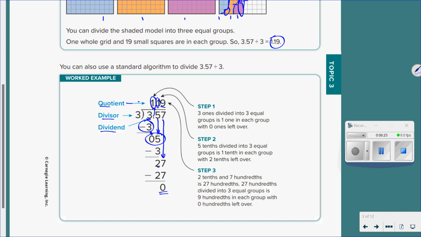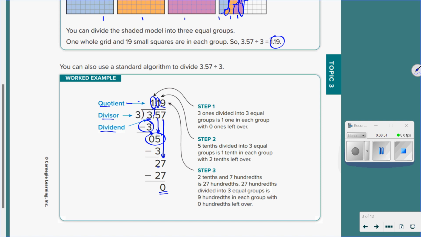Because there was nothing to divide after you subtract the 3 from the 3. You're on the right track. You have to have something at 3 or over 3 in order to make it go into 3. But why do I have to drop down the 5? Fill the gap?